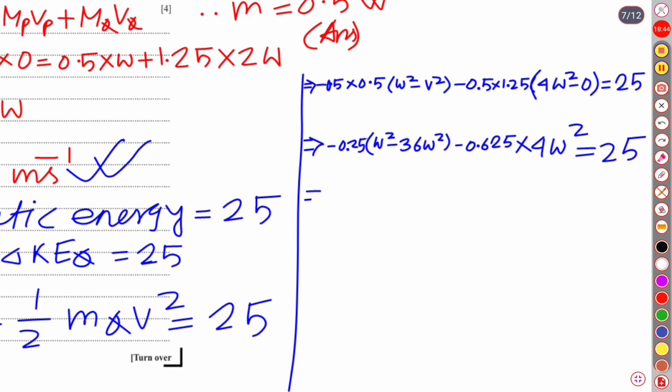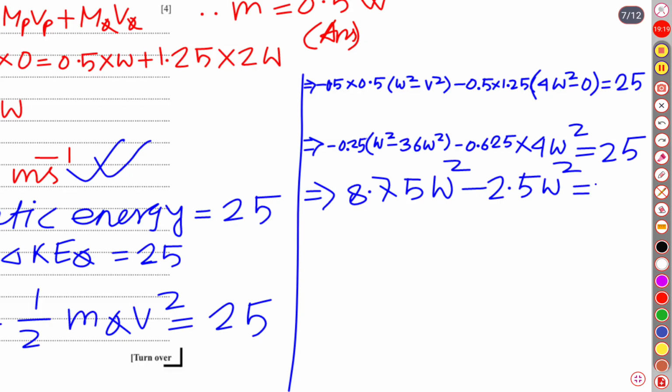Well, now what is it going to be? From 36, if we subtract 1, it is going to be 35 w square. So if you multiply 35 by 0.25, it is going to be 8.75 w square minus 4 into 0.625, it is going to be 2.5 w square is equal to 25.